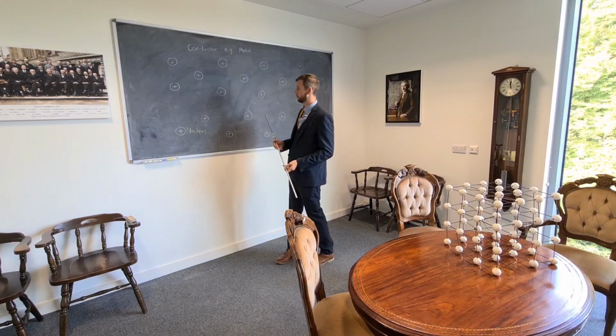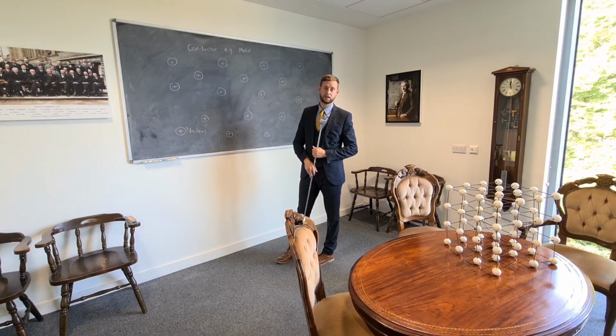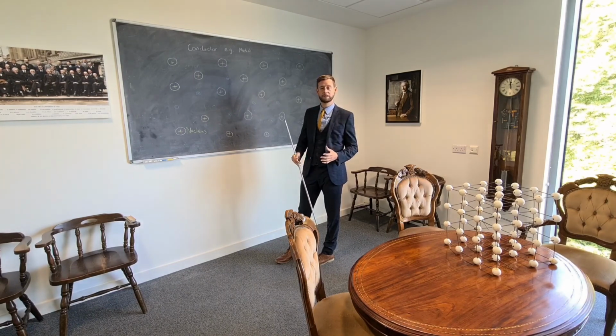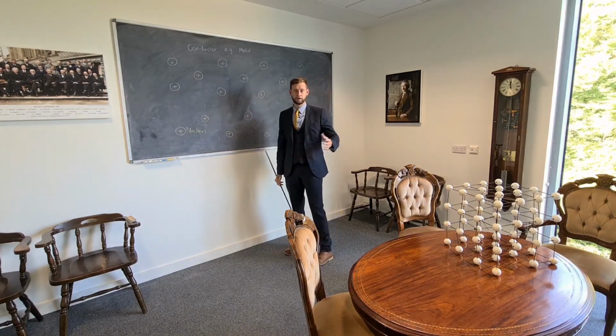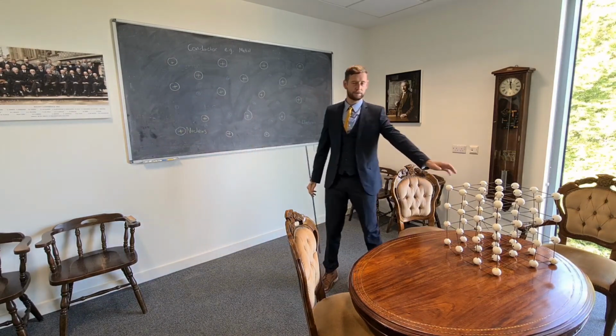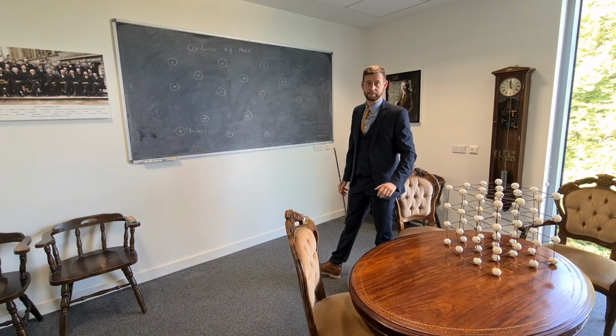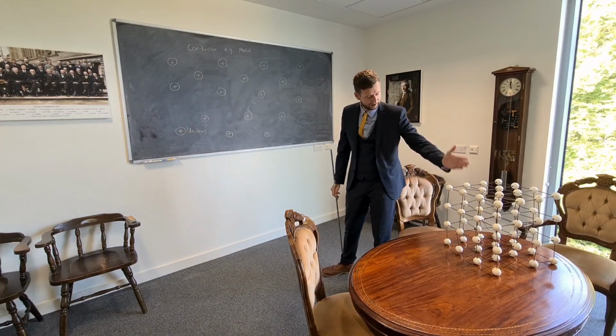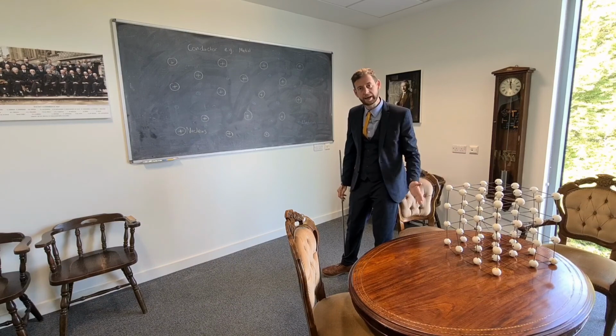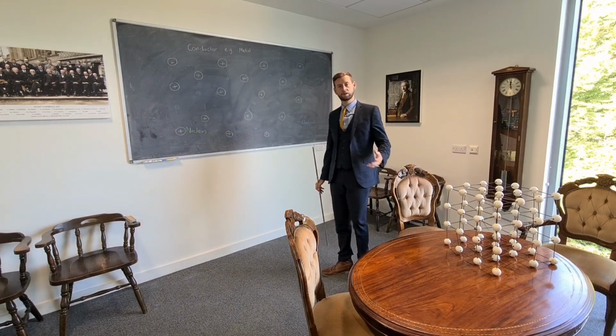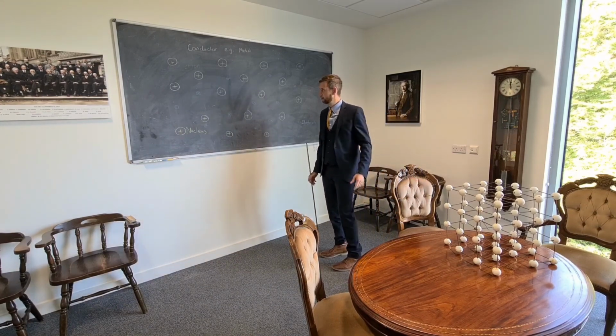Well, here on the board I have drawn a picture of a metal, a representation similar to the lattice that I have in 3 dimensions on the table right here. But now what I've done is I've taken a slice to look at a single layer, so I can represent it in 2 dimensions, a flat image on the board.